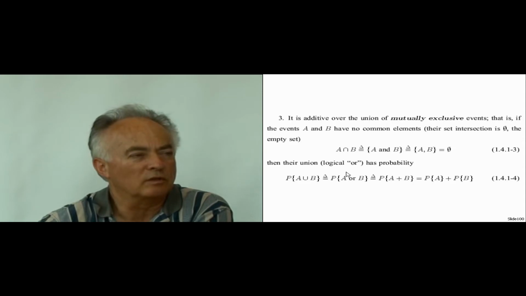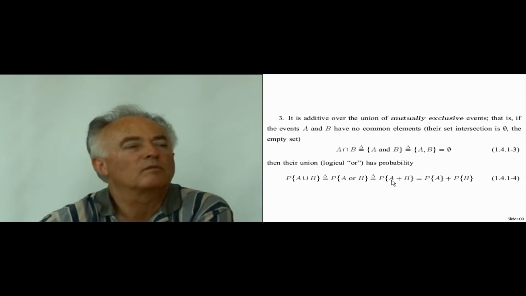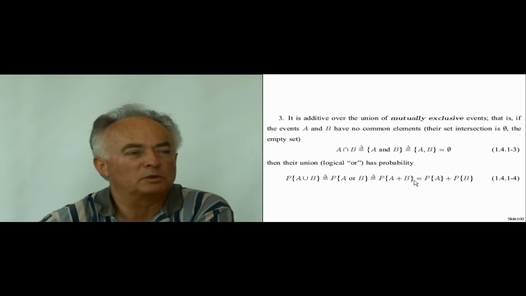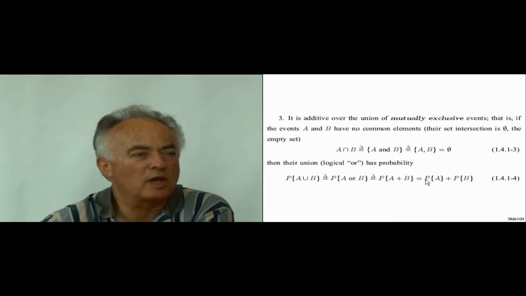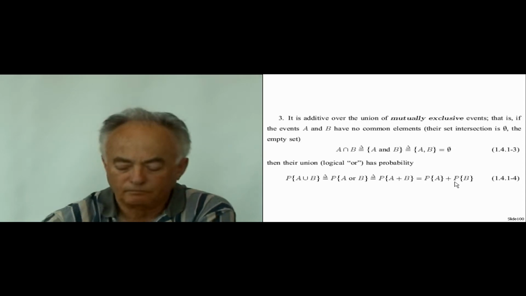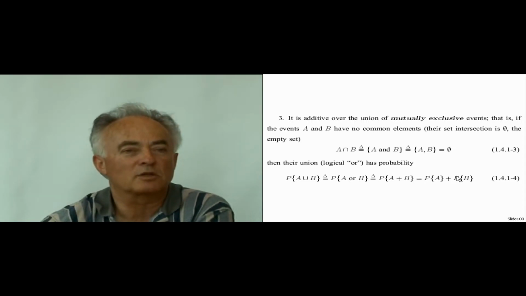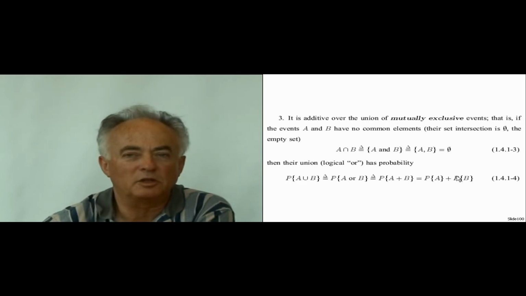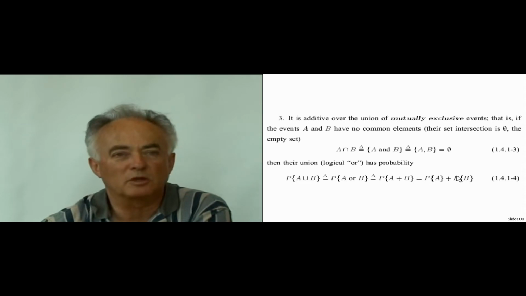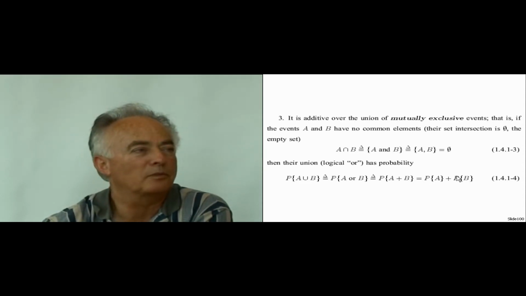Then the union, which is the logical OR, has probability P of A union B, which is P of A or B, can be written also as P of A plus B, and is the sum of the probabilities, P of A plus P of B. Clearly this makes sense. There is no overlap. One occurs or the other occurs. The probability that one of them occurred will be the sum of the 2 probabilities.